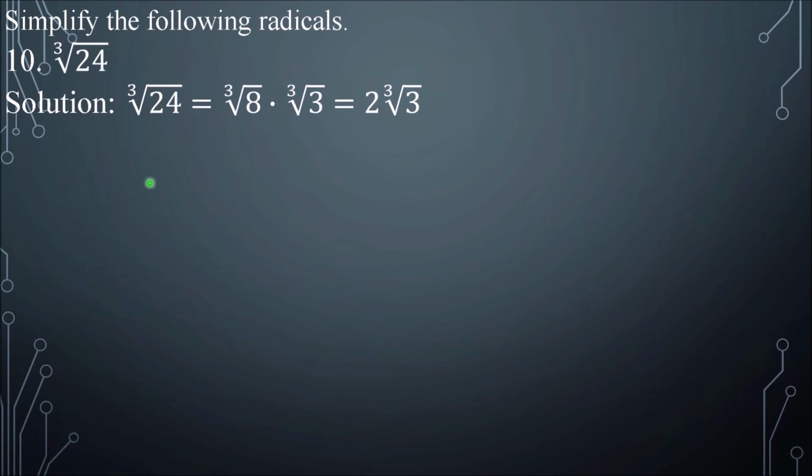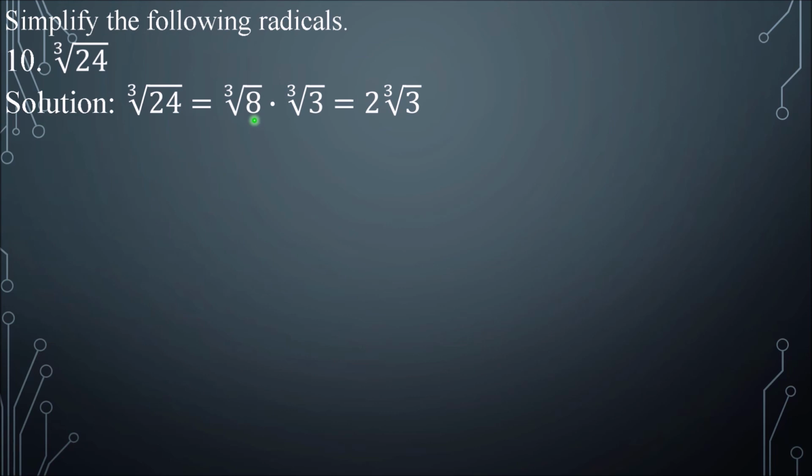Now what if the index is not 2? Let's have cube root of 24. We need to find a perfect cube factor of the radicand 24. We know that 24 is 8 times 3, and 8 is a perfect cube.